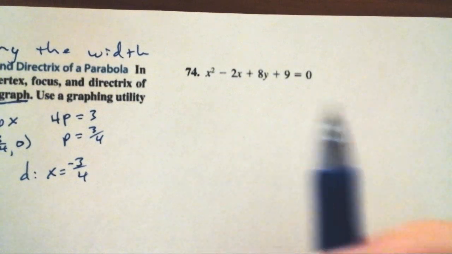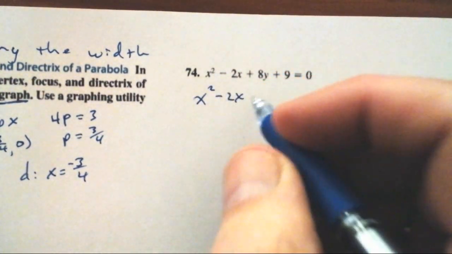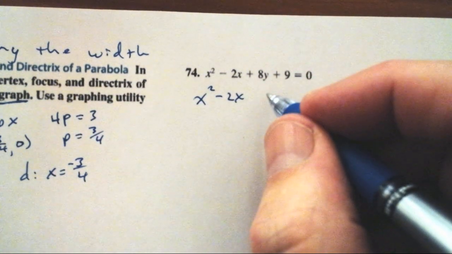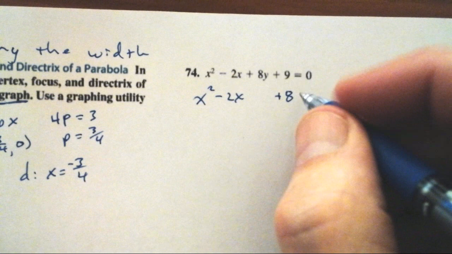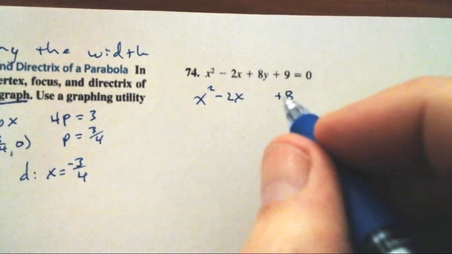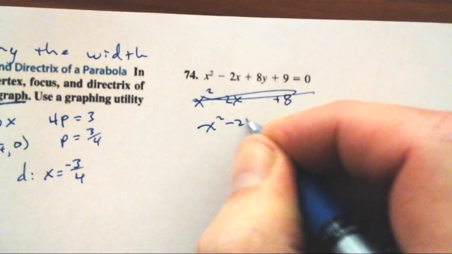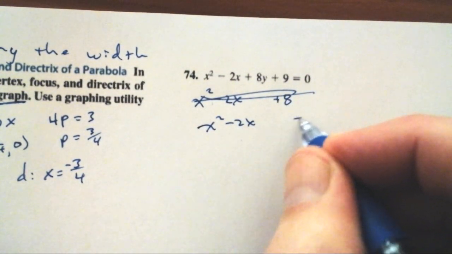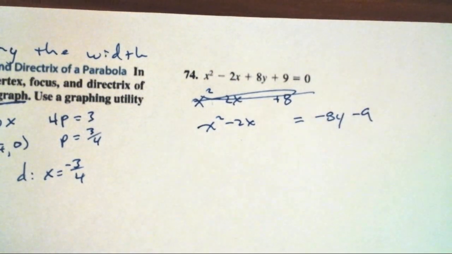So here we need to get this in standard form. I'm going to start that one over. I'm going to go x squared minus 2x, leaving a blank, equals negative 8y minus 9.